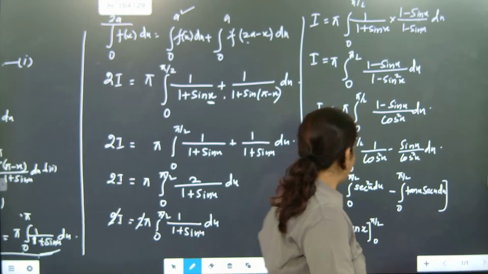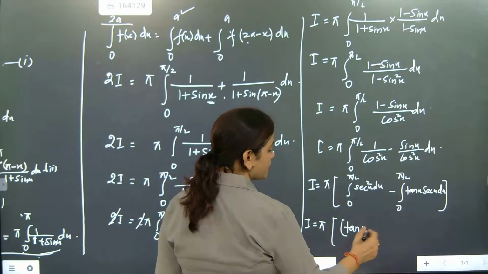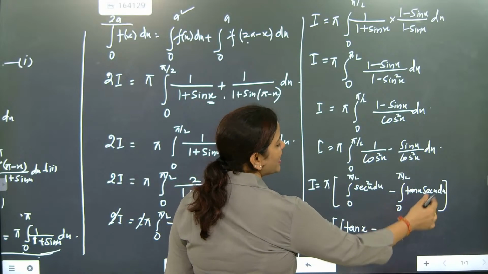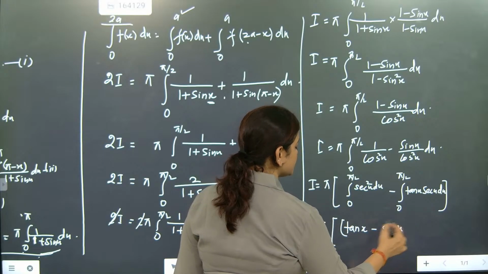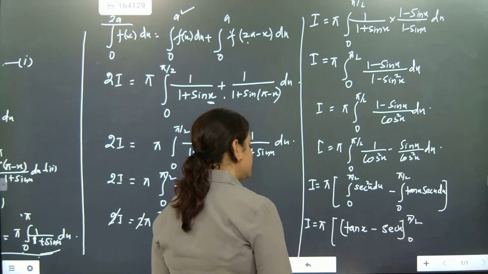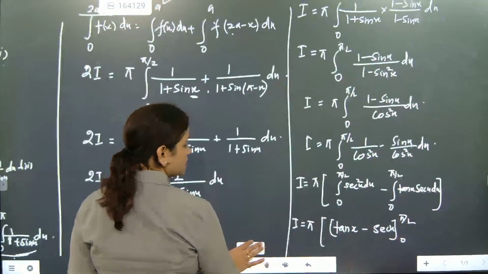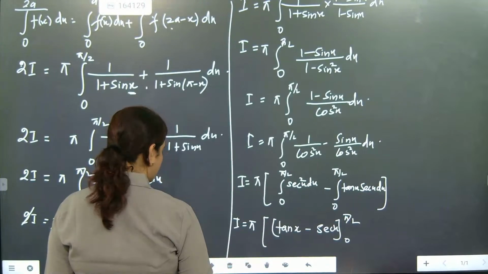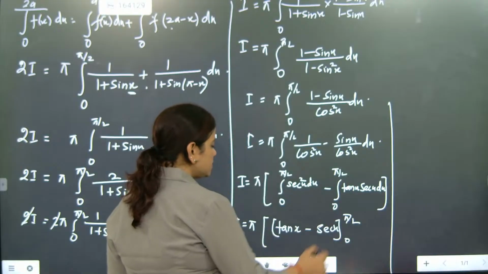Okay. Will not separate it out, otherwise it will create problem. Minus, tan x into secant x will become secant x, upper limit pi by 2, lower limit 0. Last part.